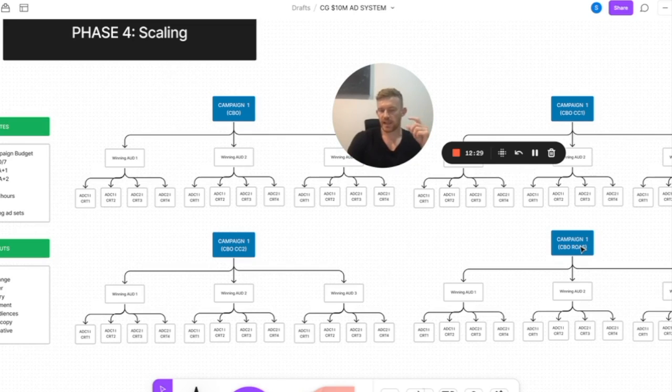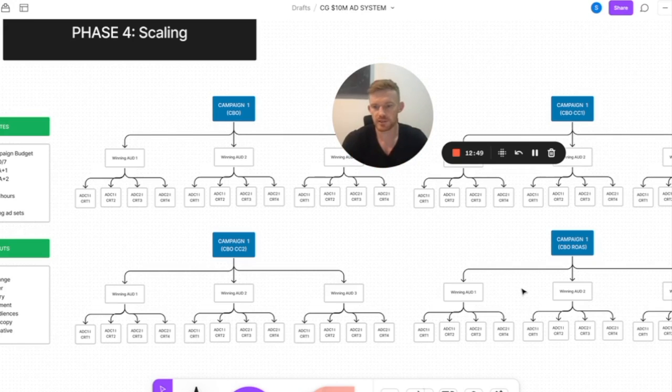So again, we take the average ROAS for the ad sets that we are scaling, and we just give the algorithm a bit more room so it can hopefully spend more money. And what you don't want to do is, obviously we all want a ROAS of 10, right? Like we want 10 plus, but it's not realistic.